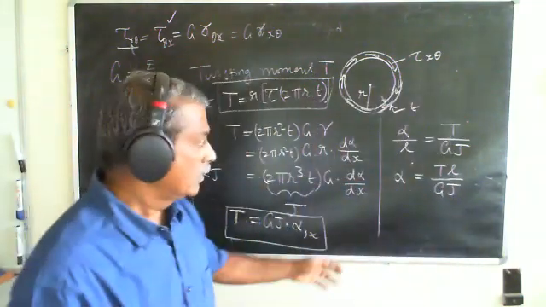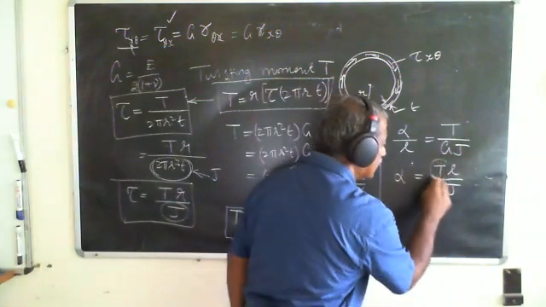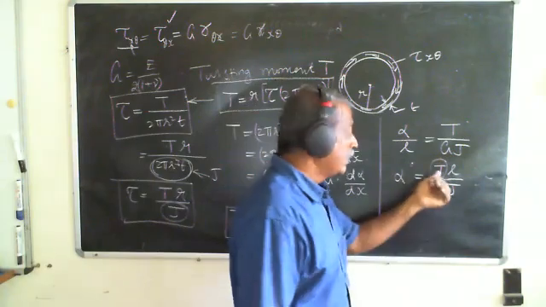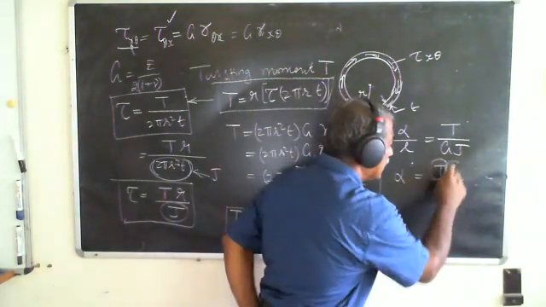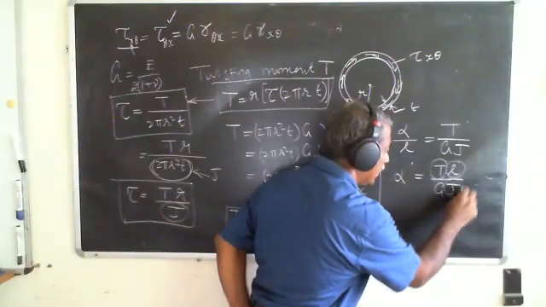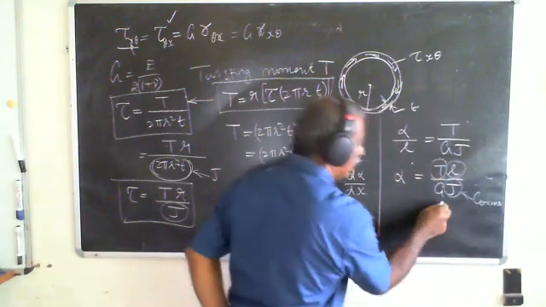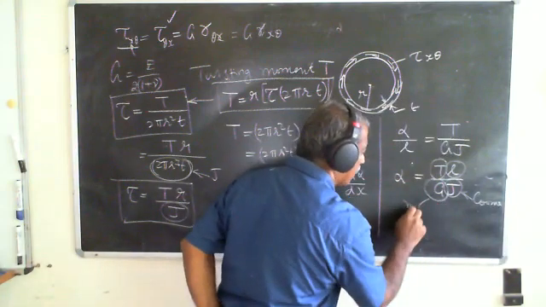Where T is the force resultant, torque, or the twisting moment. L is the length, J is the geometric property, and G is the material property.